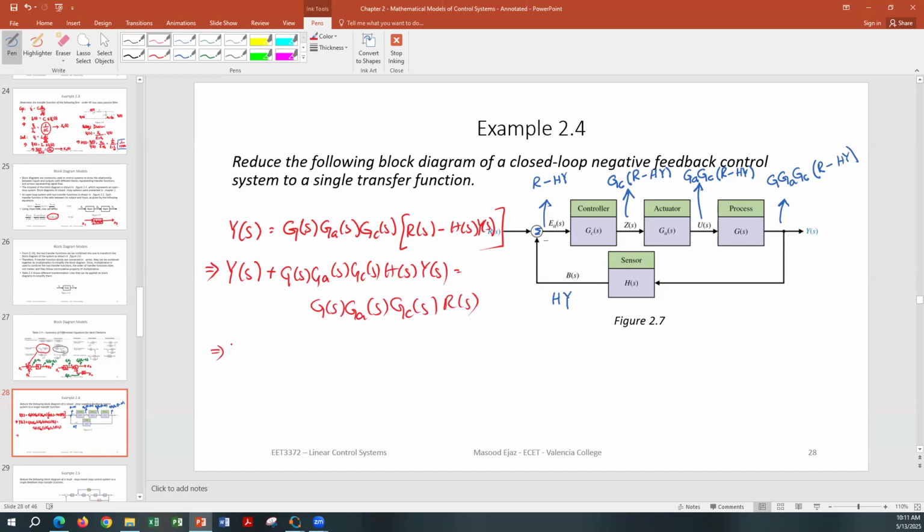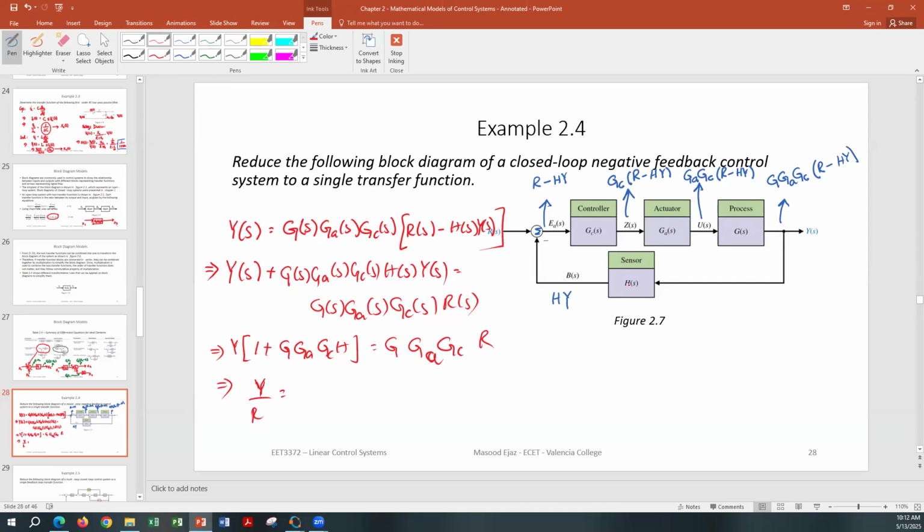Y(s) is common, so I'm going to take that as a common factor. I'm dropping s right now because I'm writing s too many times. Y times (1 plus G GA GC H) equals G GA GC R.